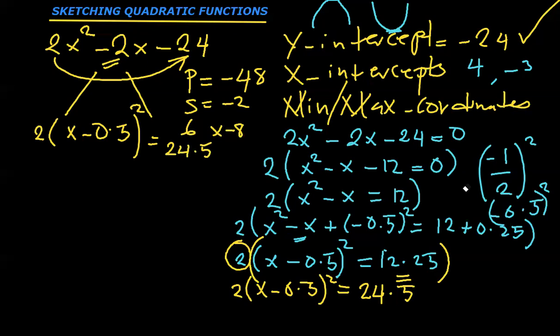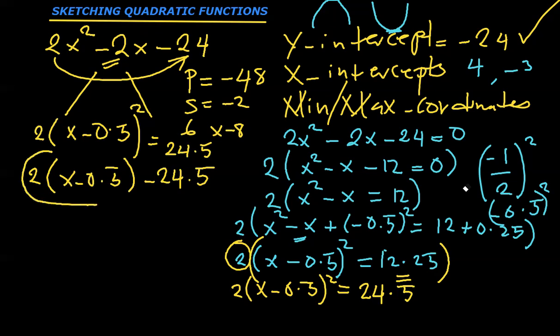So I'm going to bring 24.5 back to the left-hand side. Then we get 2(x minus 0.5) squared minus 24.5. Now what I've done, I've put my equation in the completed the square form.